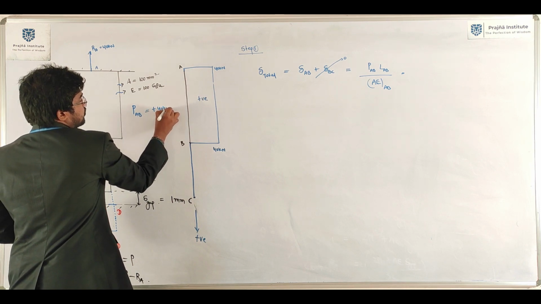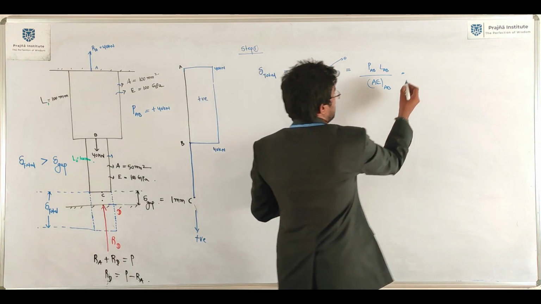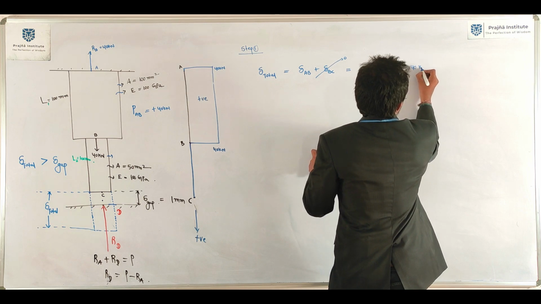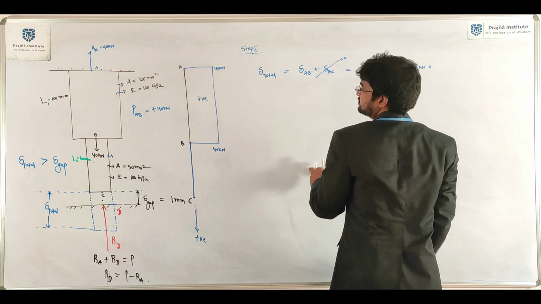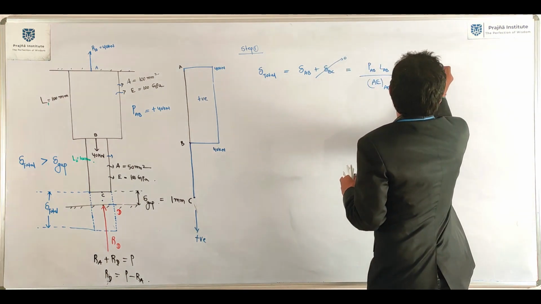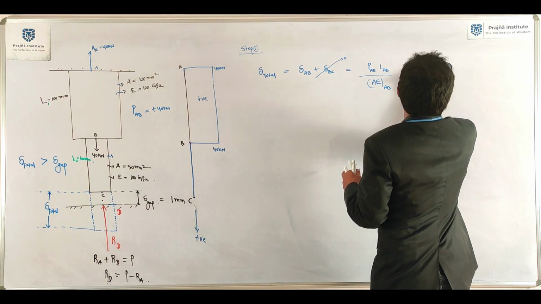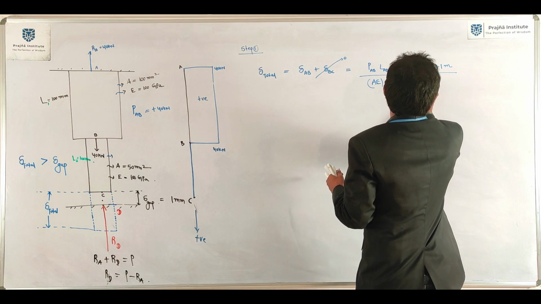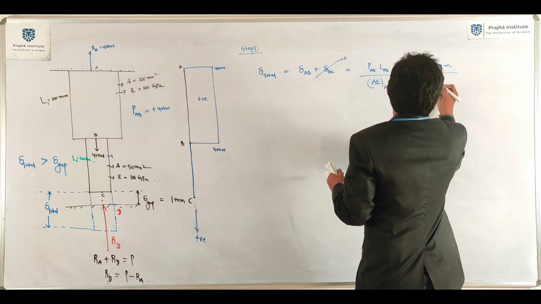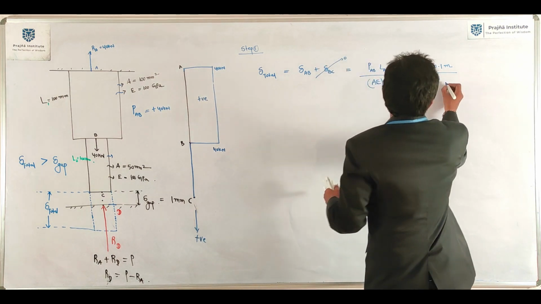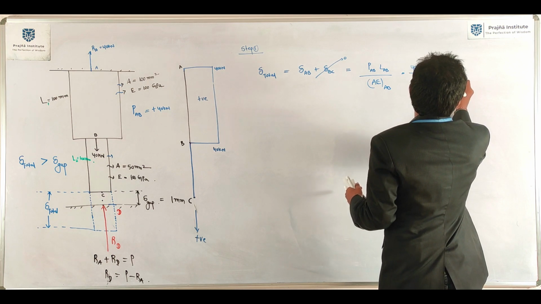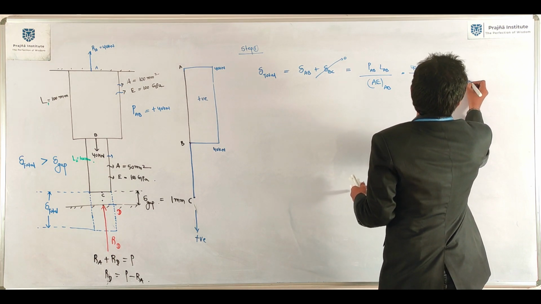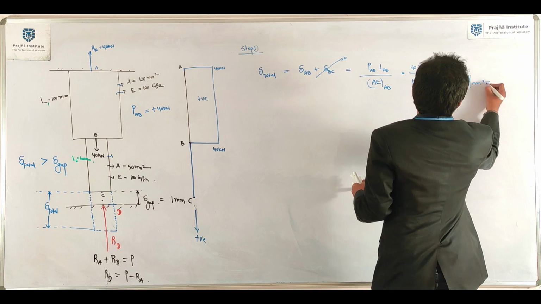Plus 40 kilonewton. Just substitute everything. 40 kilonewton into 0.1 meter by, what is A? 100 mm square. What is E? 100 into 10 cube Newton per mm square.